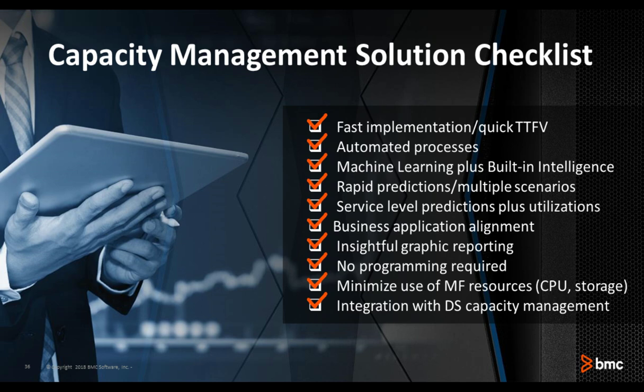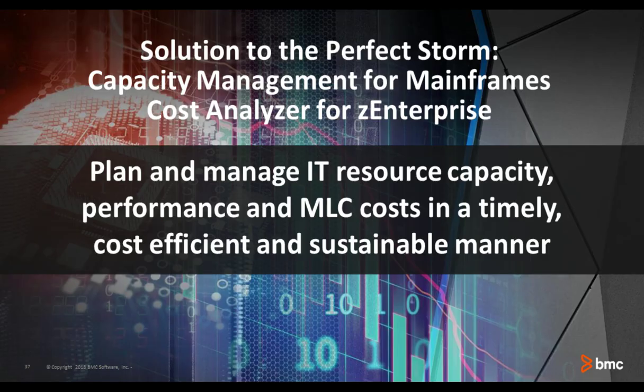Machine learning and analytics is the way to keep up with the accelerated pace of change. And then using scenarios, predicting service levels, getting aligned with the business by focusing on business applications and not technology. All of these things will put you in a position so that capacity management can fulfill its obligation to the organization.